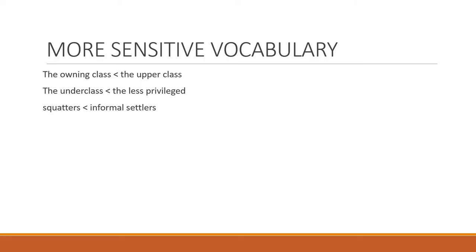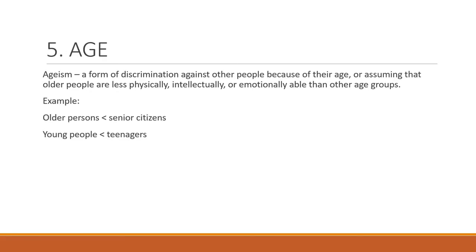Okay? So it is more favorable to use these words than the ones on the left side: the owning class, the underclass, and the squatters. Okay? So let's proceed to number 5.